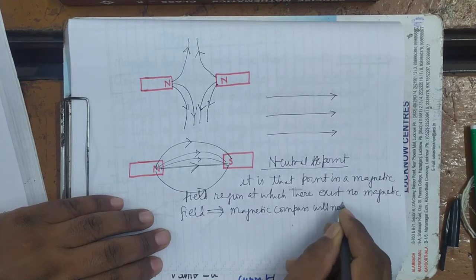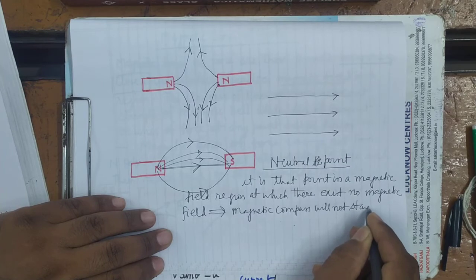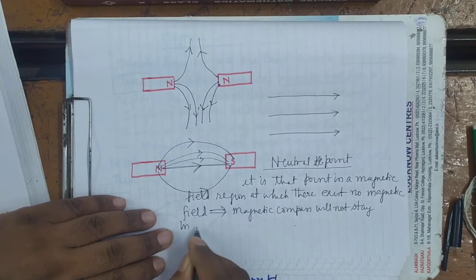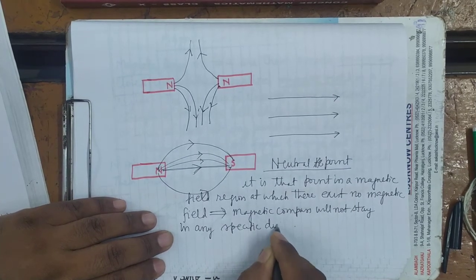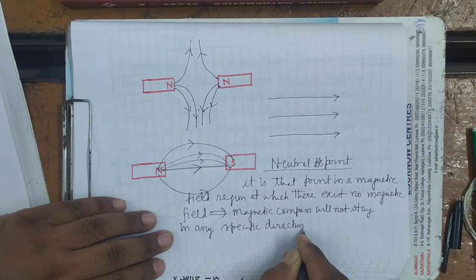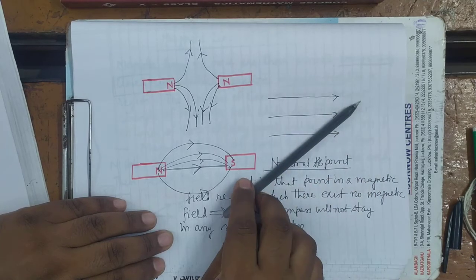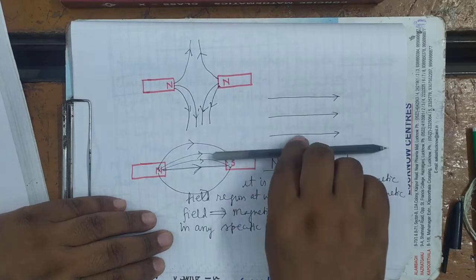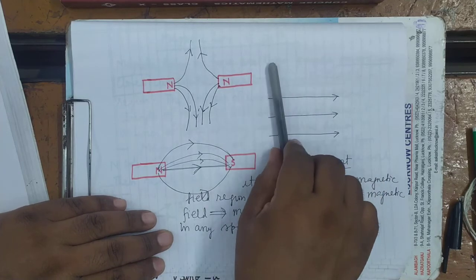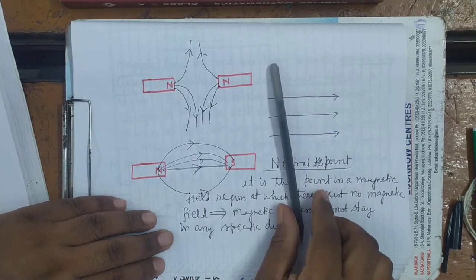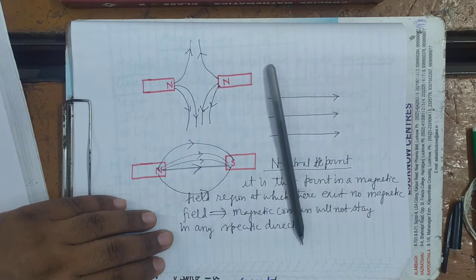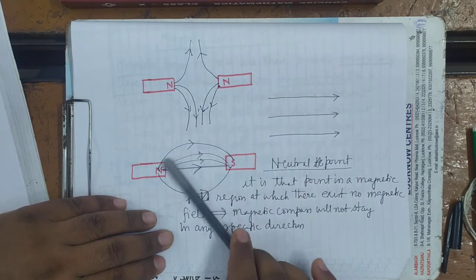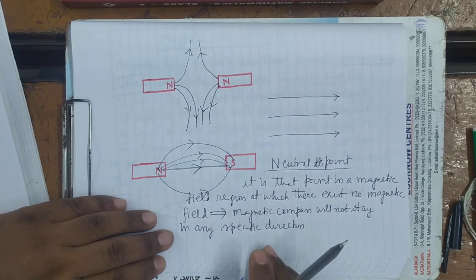Sometimes it is staying this way, then at the same point it is staying in this way, then at the same point it is staying in this way. As many times as you keep the compass at the same point, it stays in some different direction. It's clear. So that point is said to be the neutral point.